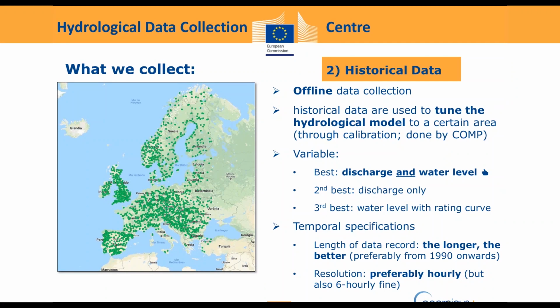These historical data are used to tune the hydrological model for a certain area through calibration done by the computational centre. And the variable we need, as the best, of course, is discharge and water level. Discharge only is also good. And the third we prefer is water level with rating curve.